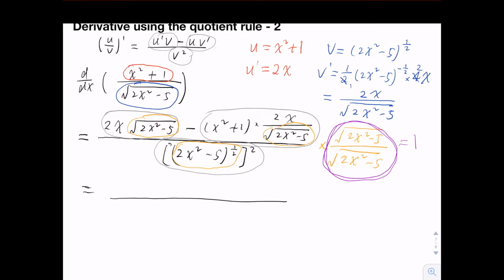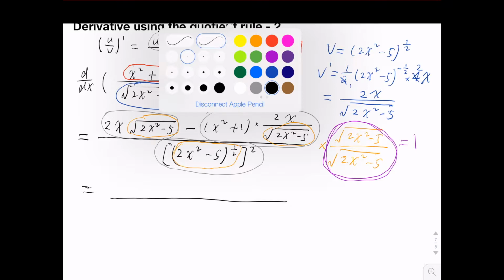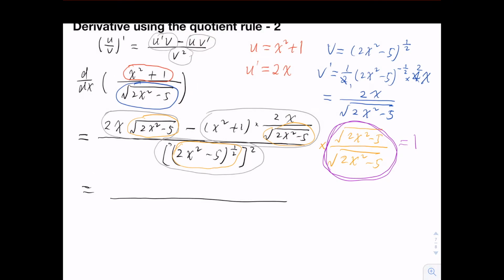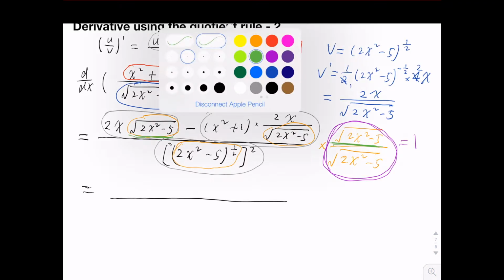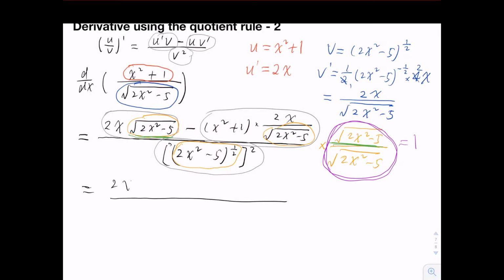Firstly, this part here, I'm going to use different colors. This one, the green. This part times this one on top, so the square root disappears, leaving me with just 2x times 2x squared minus 5. How simple is that? Very good, no square root.